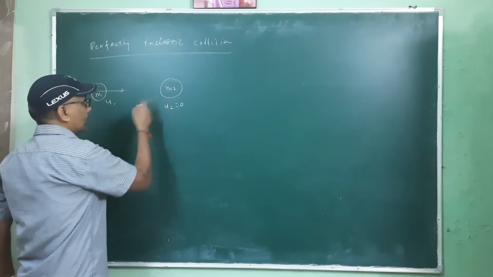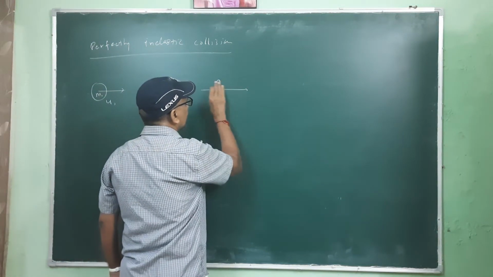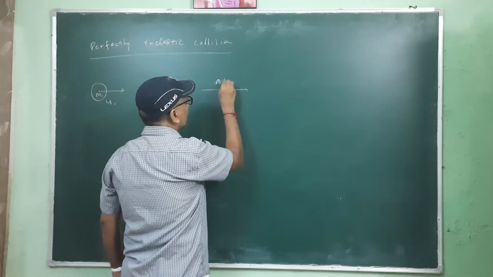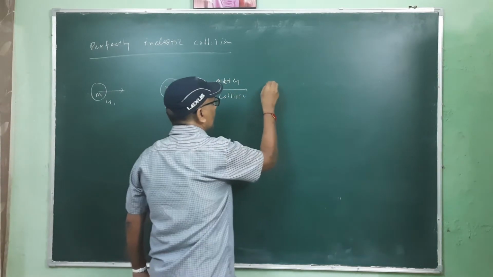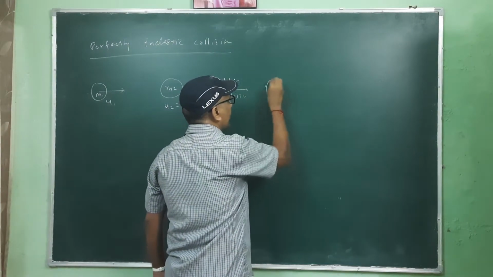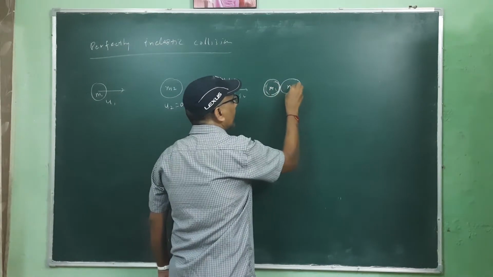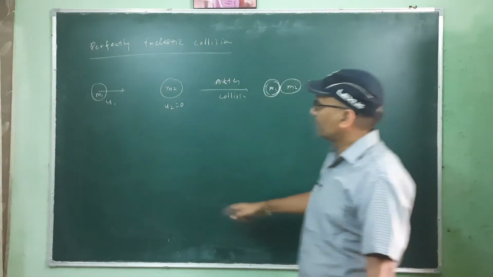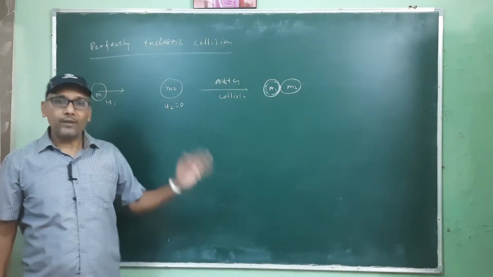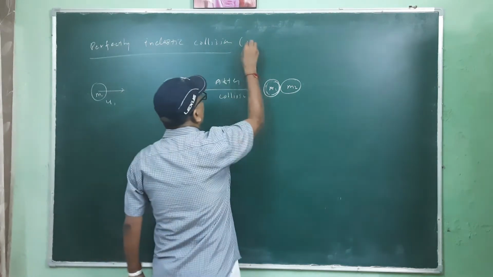The first collides with it, and after collision these two bodies of mass m1 and m2 stick together. We are considering the one dimensional case.